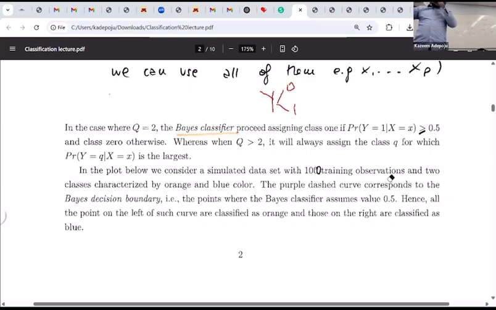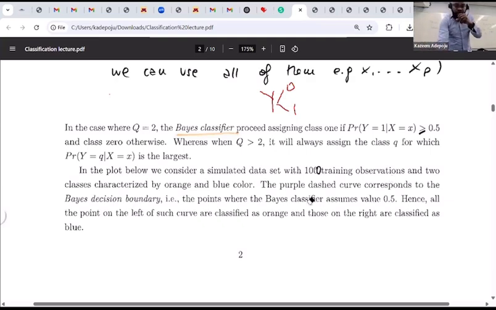We already know the class of the observations in the test set. We can ask our classifier to make a prediction. At the end of the day, you'll be able to compare whether the classifier has done a great job or not.